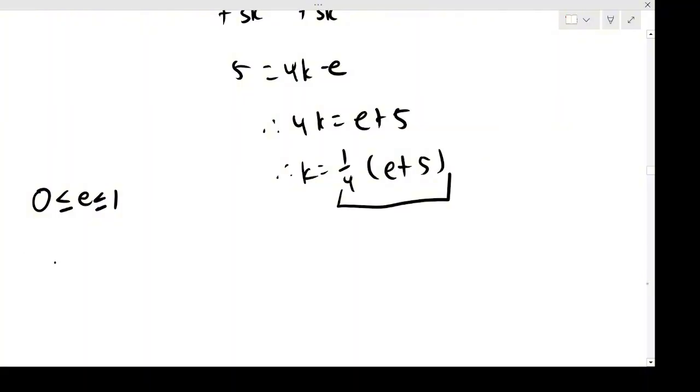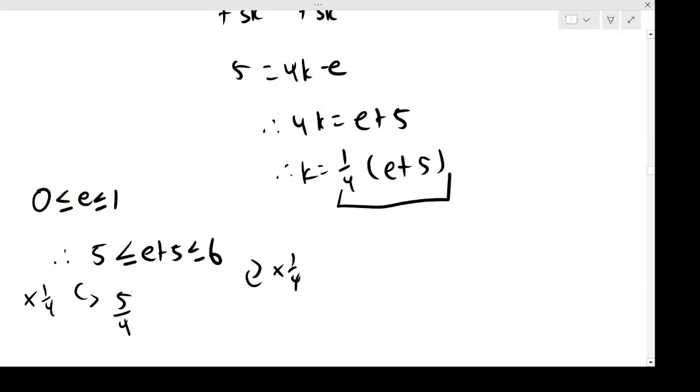So what we can then do is add 5 to both sides. So e plus 5 is between 5 and 6. And then we can multiply by a quarter, okay, to both sides of the inequality. So it'd be 5 over 4 less than a quarter of (e plus 5) less than 6 over 4. Hopefully happy with all this, right?